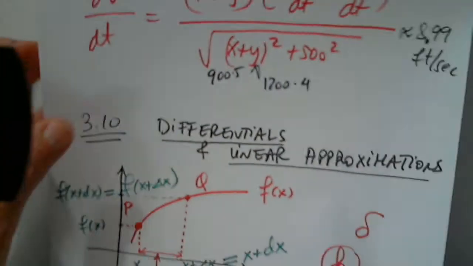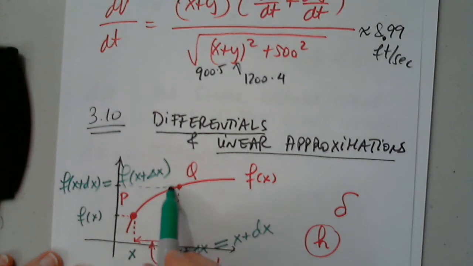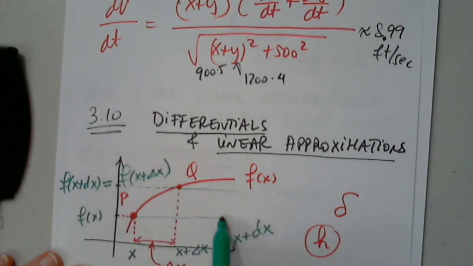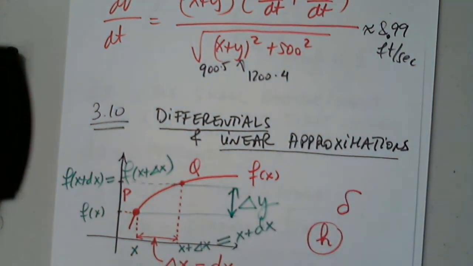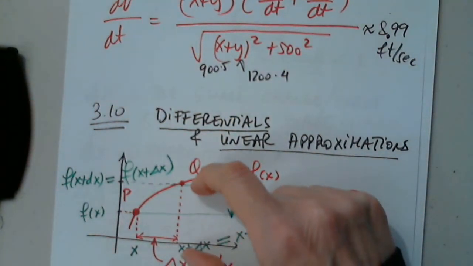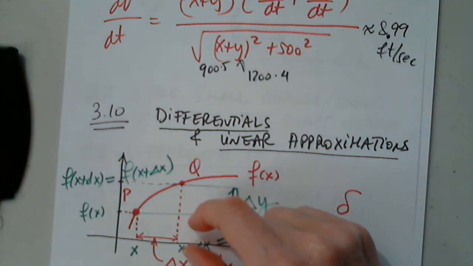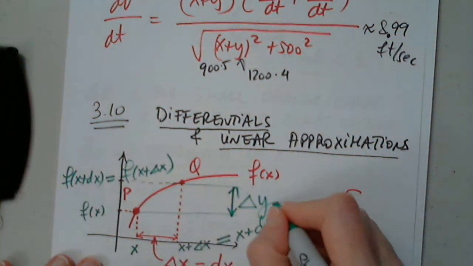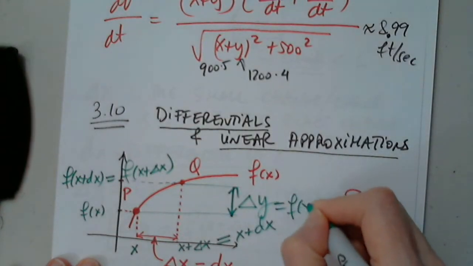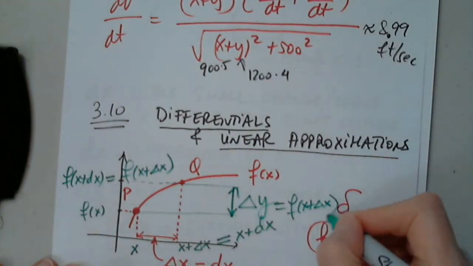So here it is. F of x plus delta x minus f of x is exactly delta y. Delta y, I can write it here as well. F of x plus delta x.